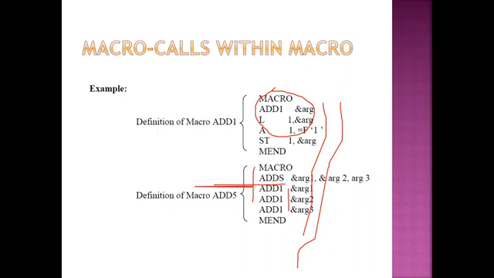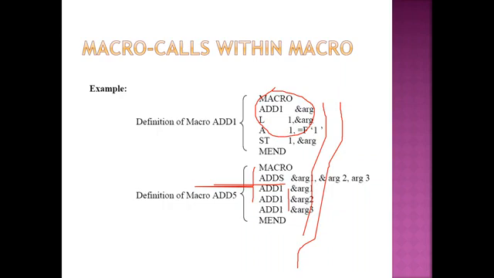Before going to that slide, let me explain the same concepts again. First there is a macro definition whose name is ADD1. It starts with macro and ends with mend. We have defined a macro; that is called a macro definition. Similarly, I want to define another macro. Can I have more than one?